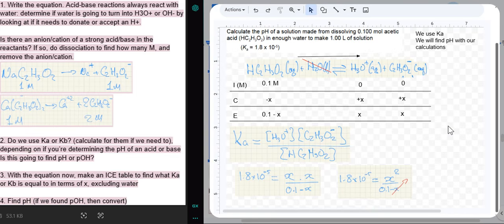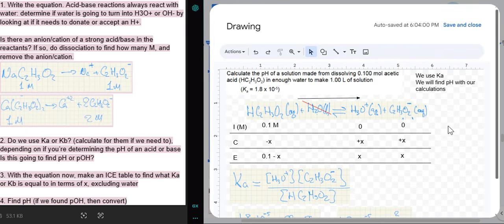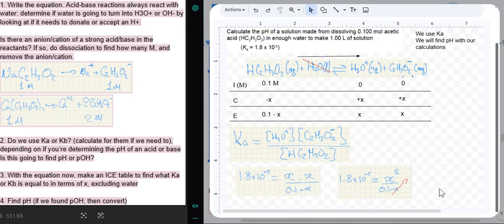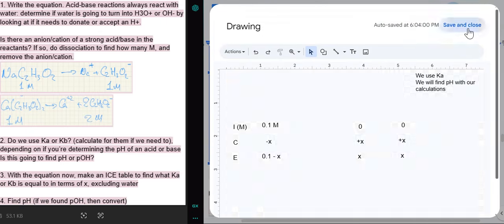And a rule for these types of ice tables is that if there's a minus x or plus x in the calculation, you can ignore it basically.